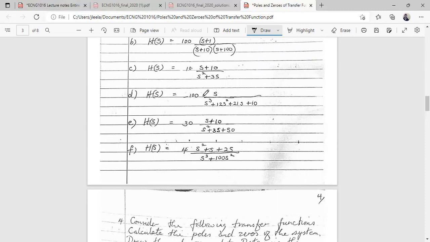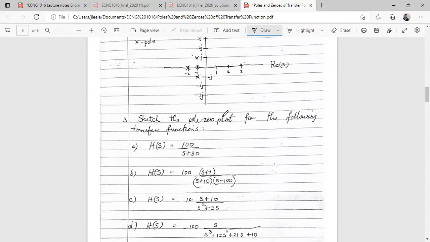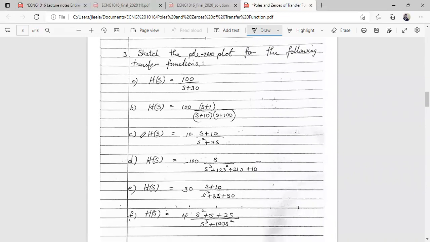E: H(s) is 30 into s plus 10 over s squared plus 3s plus 50. And F, the transfer function here, 4 into s squared plus s plus 25 over s cubed plus 100s squared. Right? So we're going to sketch the pole-zero plot for each one of these, from A to F.